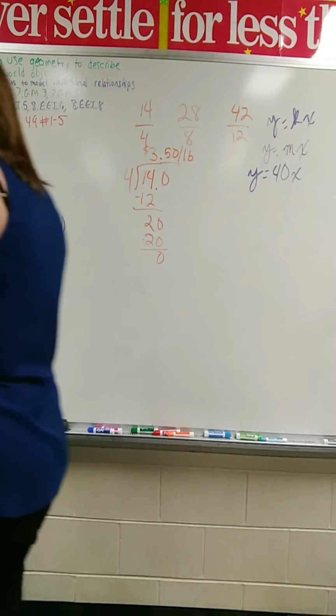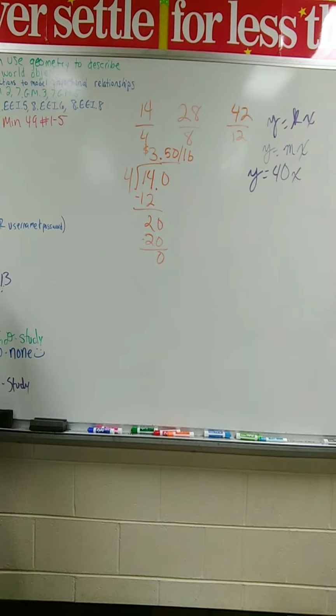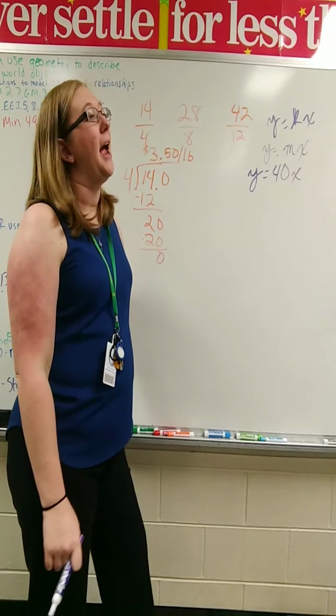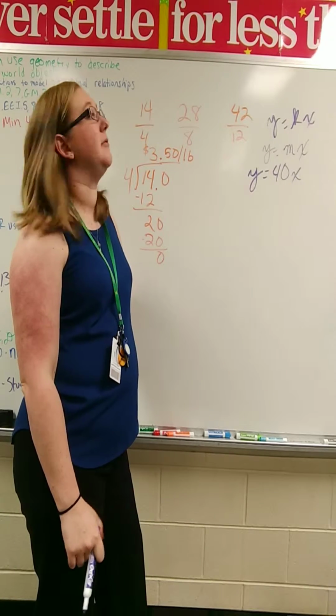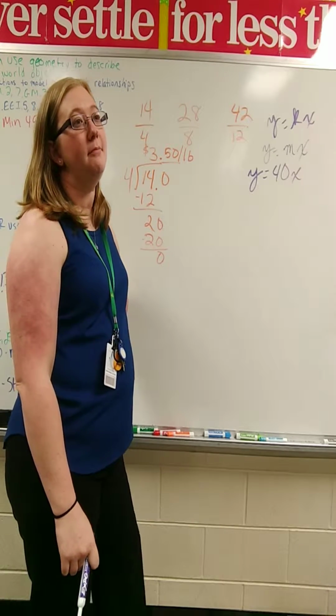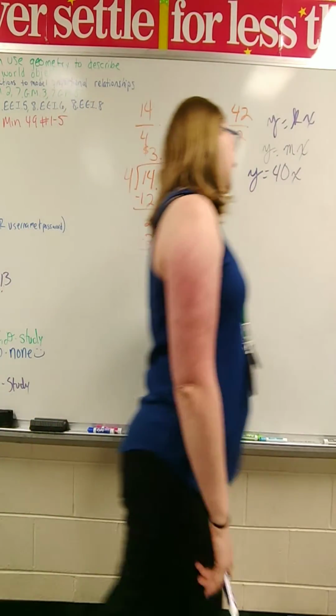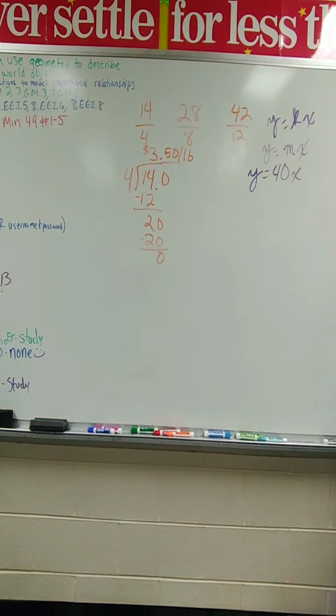M represents the slope, which is the constant of variation, which is the constant of proportionality, which is the unit rate, which is the constant rate of change. But where's the M? None of those words have M's. And that is why I have no answer to why we use the variable m for the slope. Minnie Mouse is probably the best answer I've got. Ladies and gentlemen.